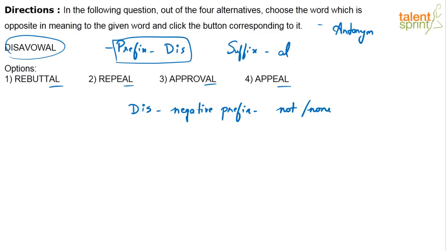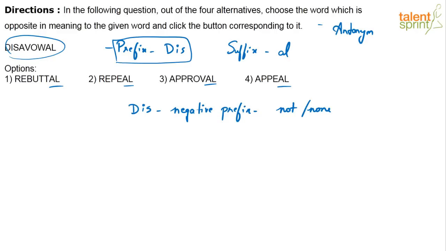So pretty easy. Hitesh, will you get synonym antonym questions in IBPS? Yes, you will, right? It's applicable, it's basically verbal ability, which is there in all the competitive exams.